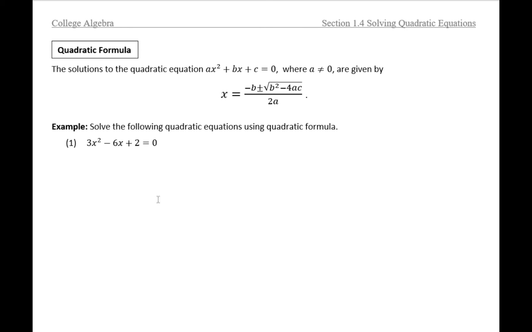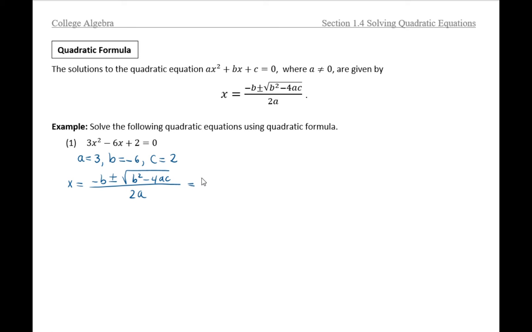Like here, for example, one side equal to 0, a is simply 3, b is negative 6, and c is 2. So let's use that one. x equals negative b plus or minus square root of b squared minus 4ac divided by 2 times a.